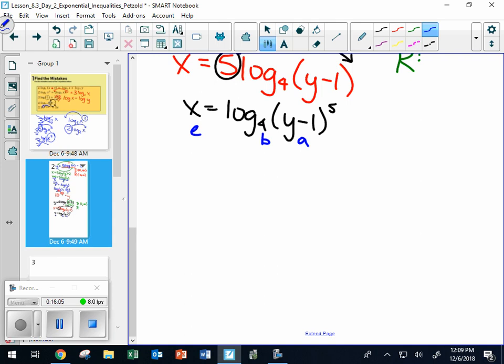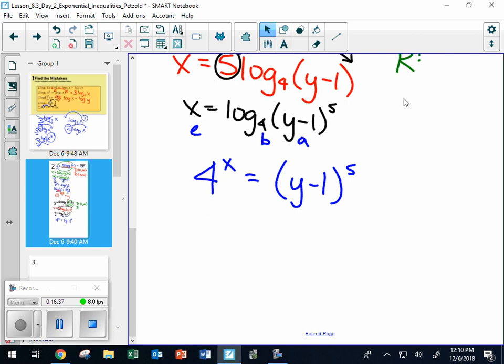What will our base be? 4. And then we need it to some power. So what's our exponent? That's our argument, the other one, x. And then that will equal our argument, which is y minus 1 to the 5th. Yes? We will talk about that. That is a very good observation.